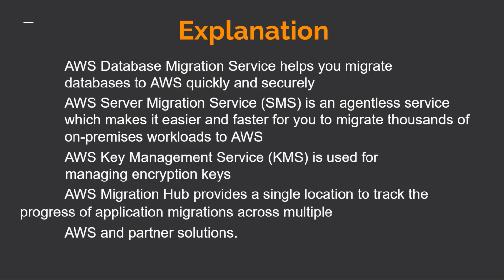AWS Server Migration Service, SMS, is an agentless service which makes it easier and faster for you to migrate thousands of on-premises workloads to AWS. AWS Key Management Service, KMS, is used for managing encryption keys. AWS Migration Hub provides a single location to track the progress of application migrations across multiple AWS and partner solutions.